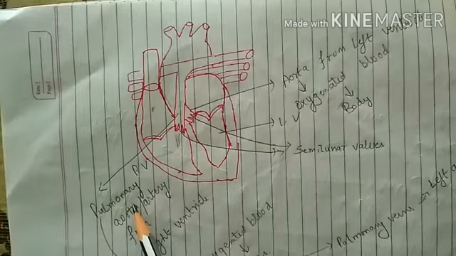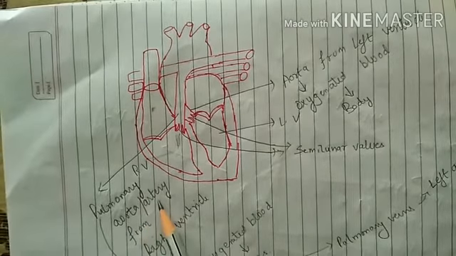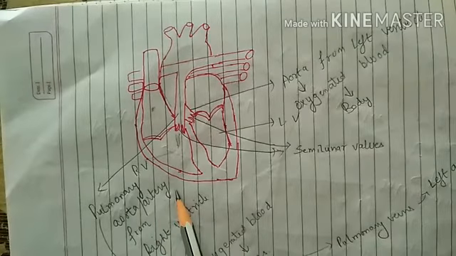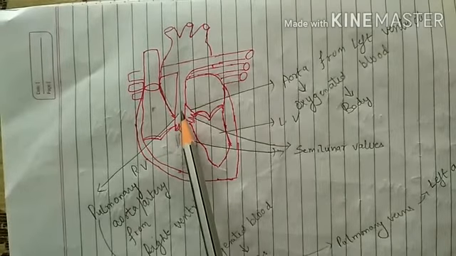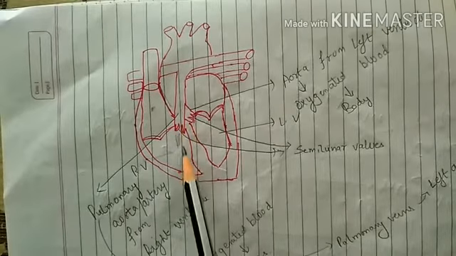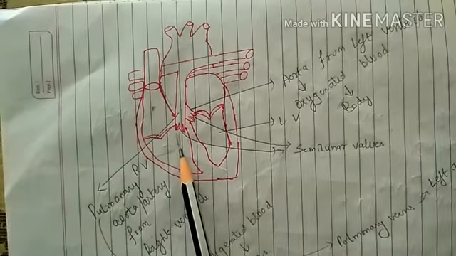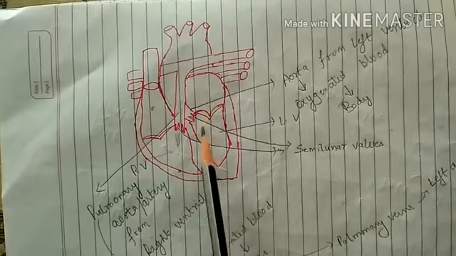As we observed at the start of the video, the pulmonary aorta or pulmonary artery is the only artery which carries deoxygenated blood. So this pulmonary artery will carry the deoxygenated blood from the right ventricle. And next one is the aorta.